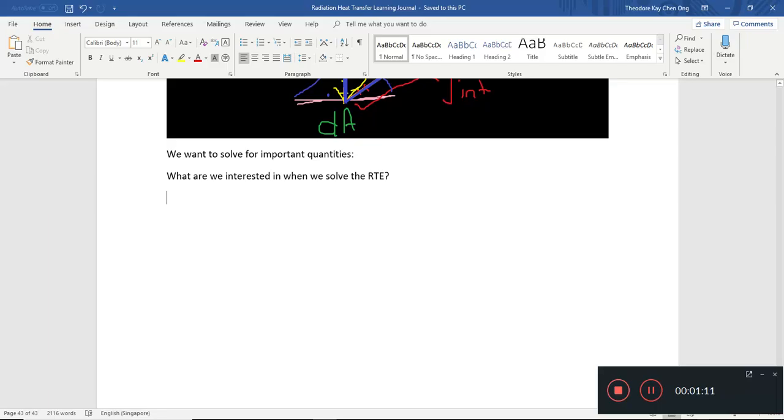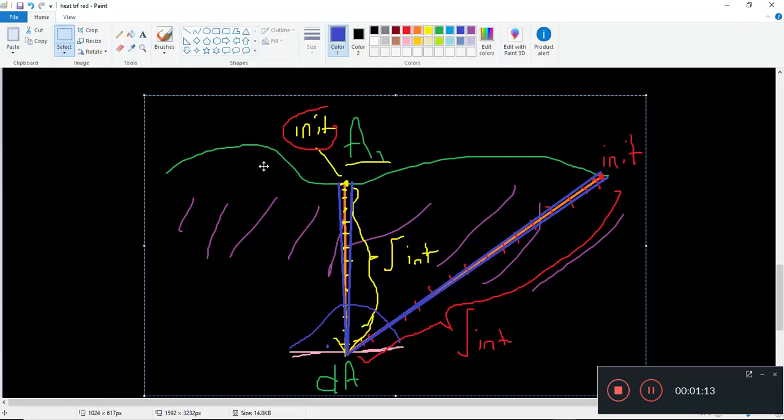Some typical scenario: let's say we have solar salt. We are dealing with solar salt because that's usually a liquid where you have significant radiation going on. So you have CSP, concentrated solar power. This is one of the applications.